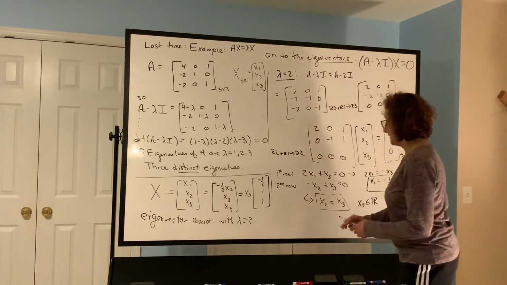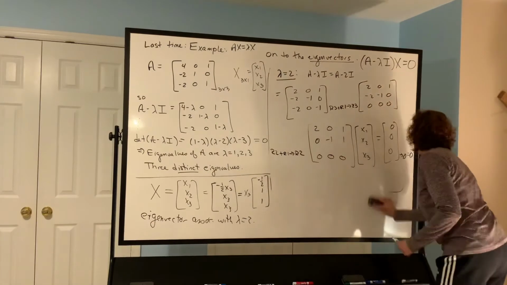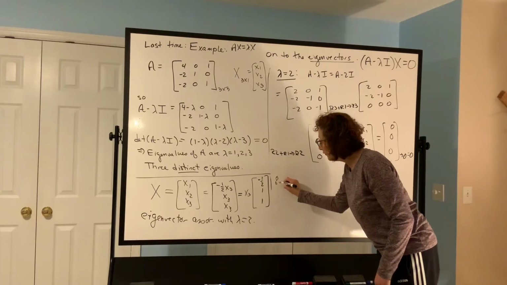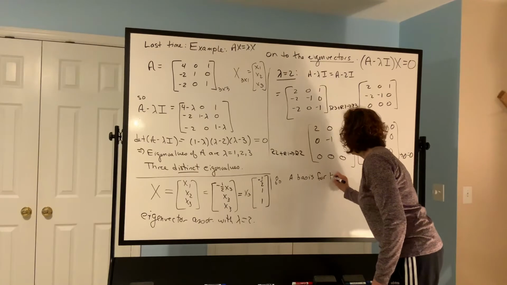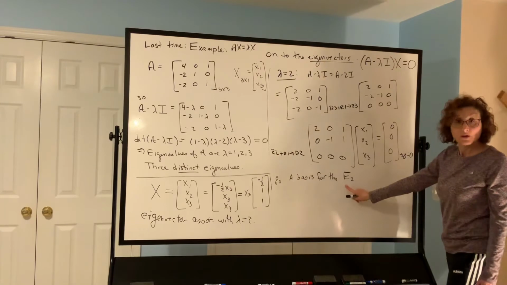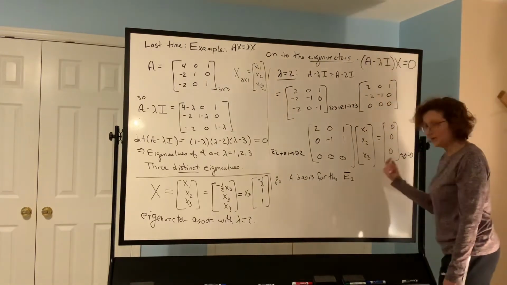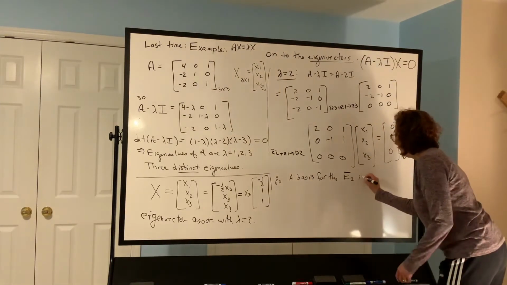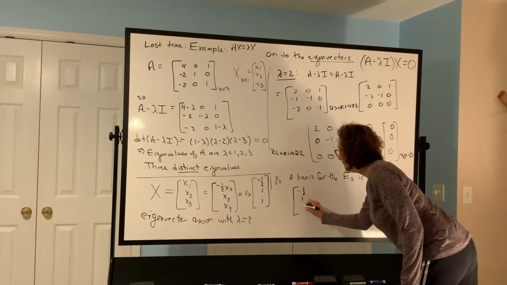So we can then say, let me erase this piece now, give myself a little more space. Again, this is the eigenvector, right? And therefore we can say a basis for the eigenspace E2, the set of all eigenvectors associated with the eigenvalue 2, everything in the null space of A minus 2I, a basis for that space is the vector -1/2, 1, 1.